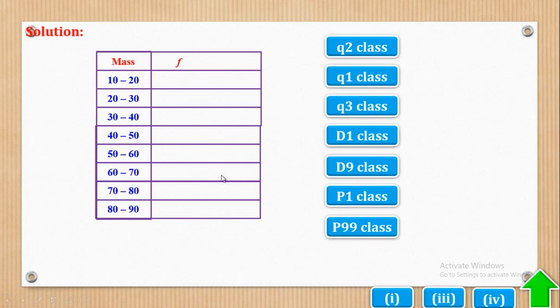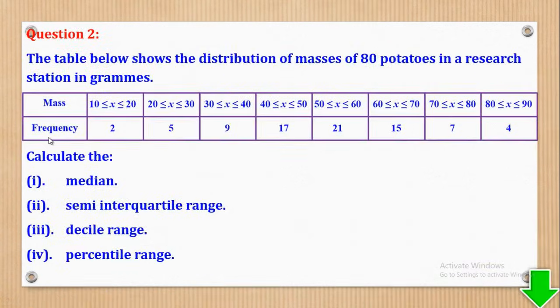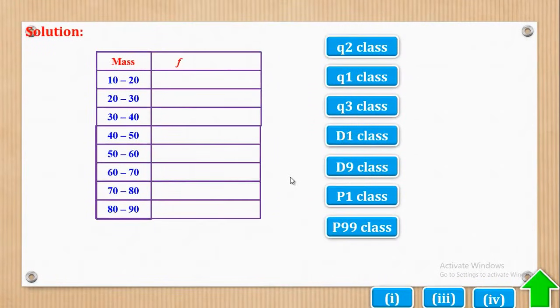The next is frequency. This is the frequency here, they put it here, so we shall write those values. So those will be the values for frequency.